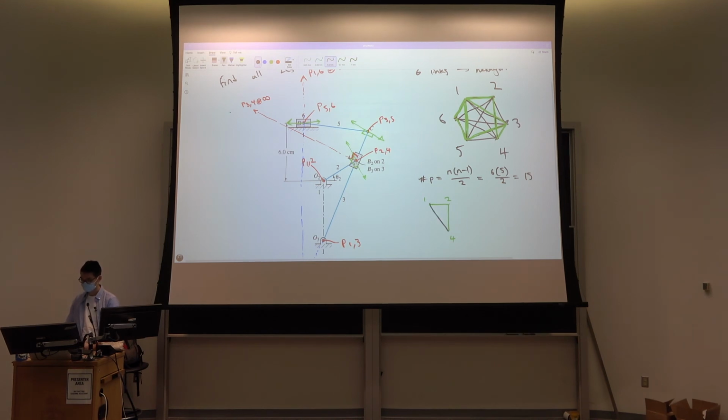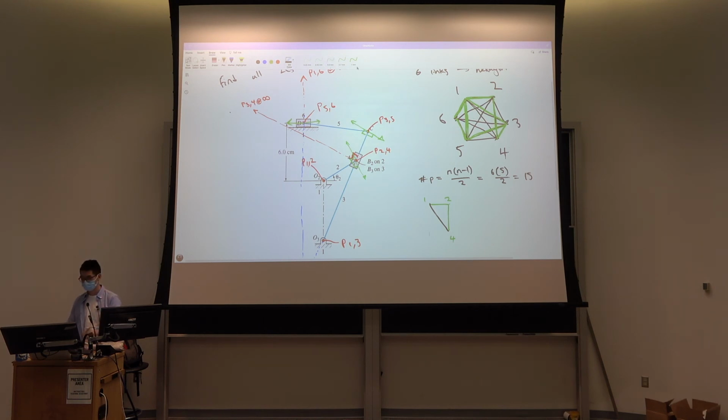That's a triangle with only one unsolved side. And let's focus in on this line between 1 and 4. Do you see any other triangles that involve the edge 1, 4, where the other two sides are already solved?